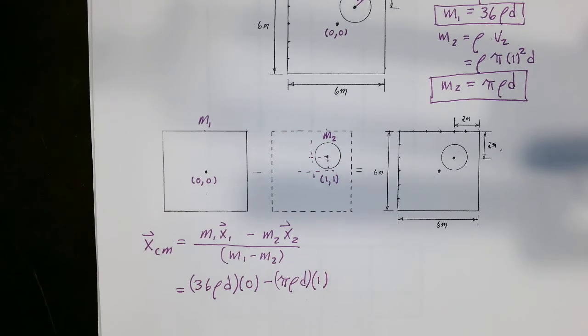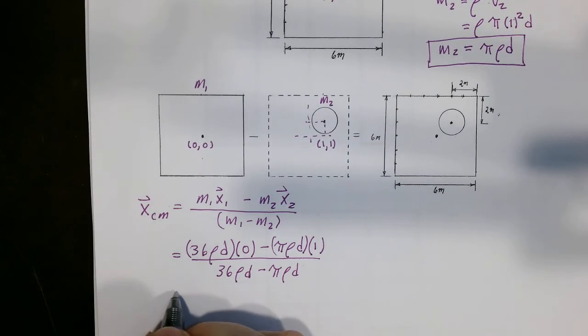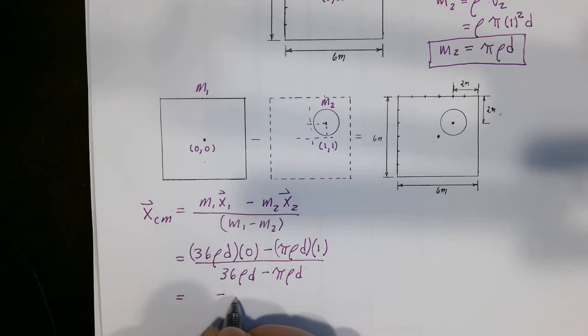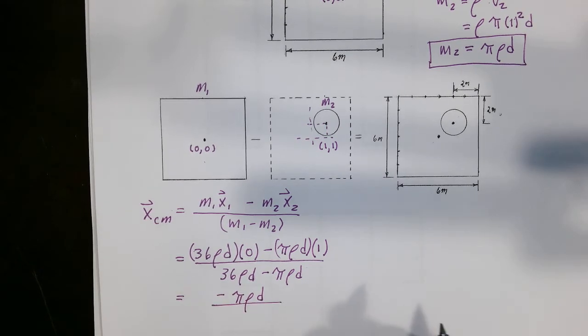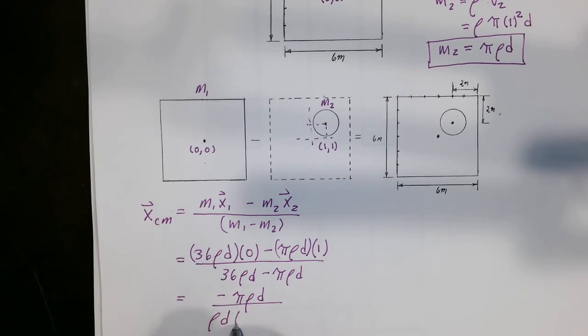Divide that by 36 rho d minus pi rho d. That is then negative pi rho d over, I'm going to factor out the rho d, so it would be 36 minus pi.